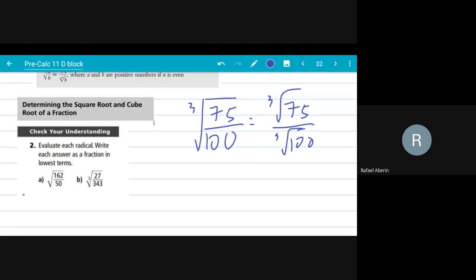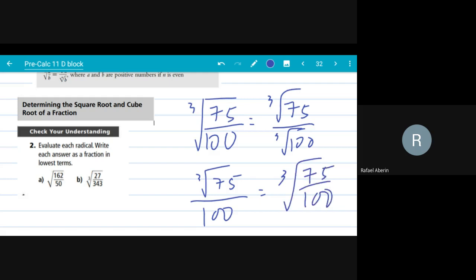Now, if you are starting with something like cube root of 75 over square root of 100, you cannot turn it into this. Why is that? Because this has a square root and this is a cube root, so this doesn't work. All right. Okay, let's go back.